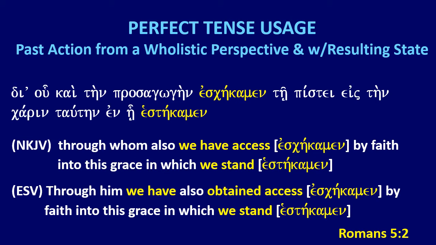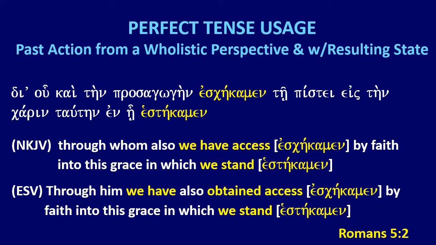But here we have in Romans 5 verse 2 a passage that uses the perfect tense form twice, and there's some disagreement as to how it should be translated. In fact, I've given you two translations there, the New King James Version and the English Standard Version. And notice how they interpret or translate the first usage of the perfect tense.